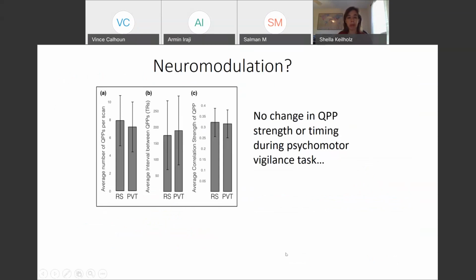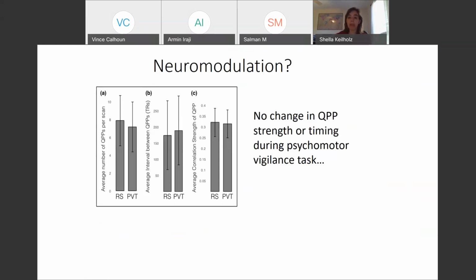So, we did some of the easy examinations first while we were trying to work out a good animal model. We looked to see if there were changes while somebody was doing a vigilance task. We didn't really see any change in how strong the QPPs were or how fast they occurred.